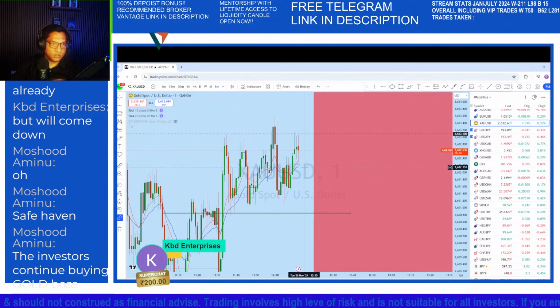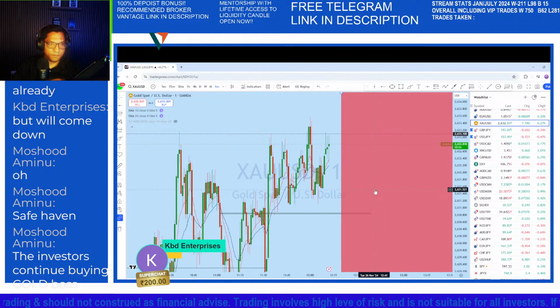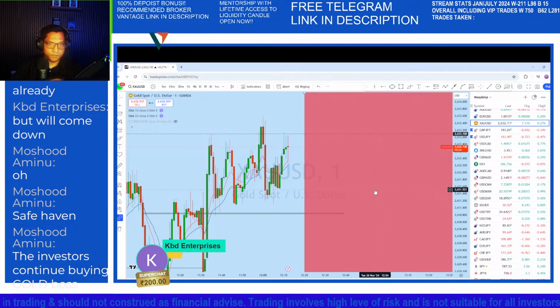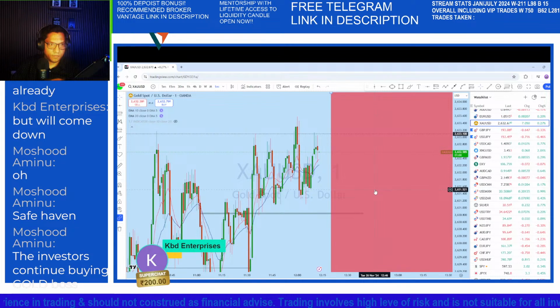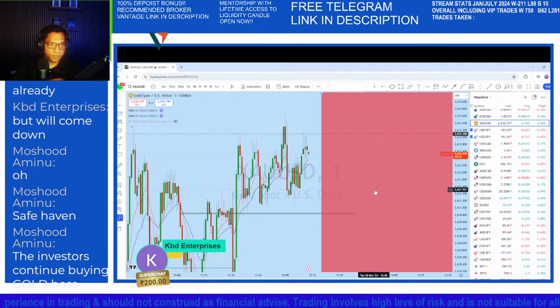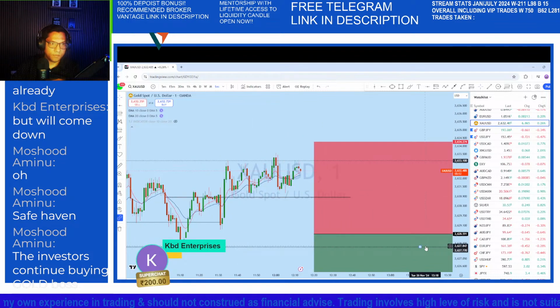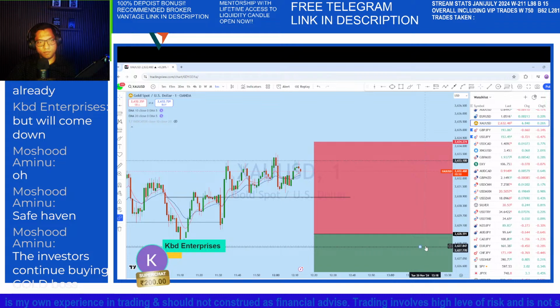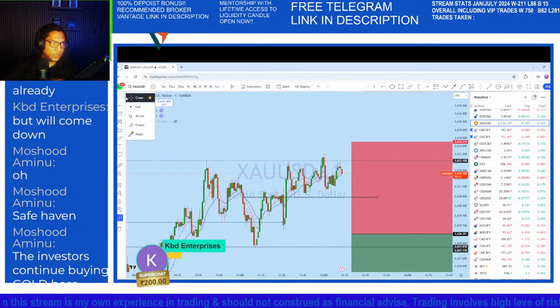This price action is forming potentially. See what's happening. Sometimes the price action becomes very slow, especially in this kind of situation for bigger liquidity.